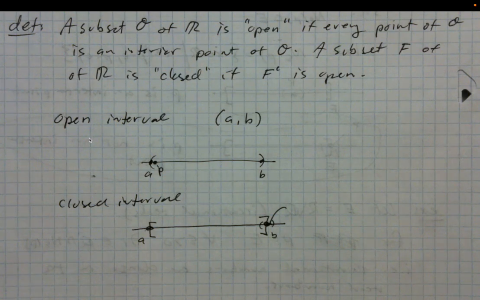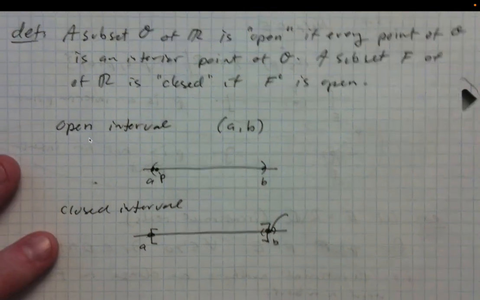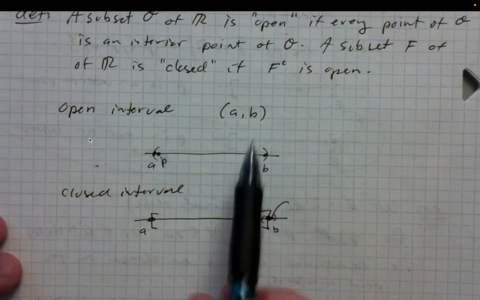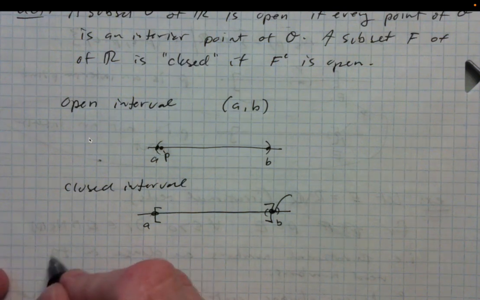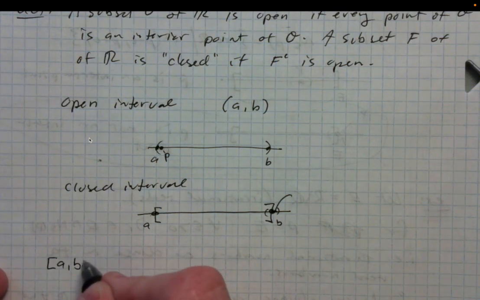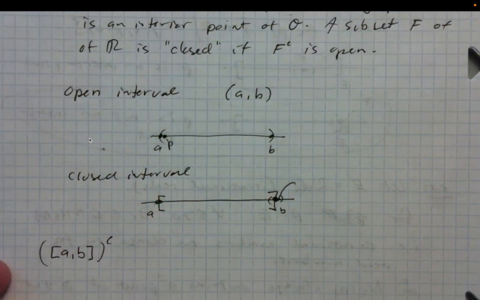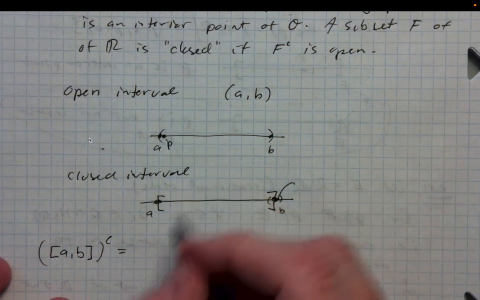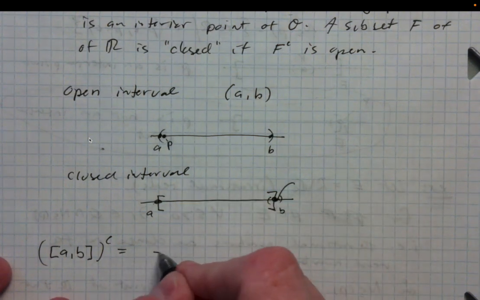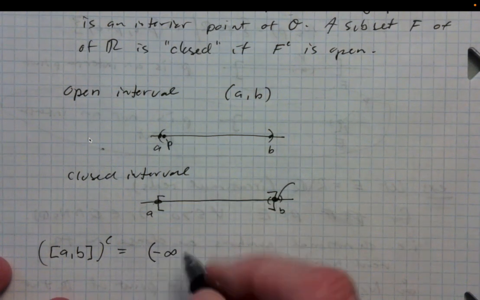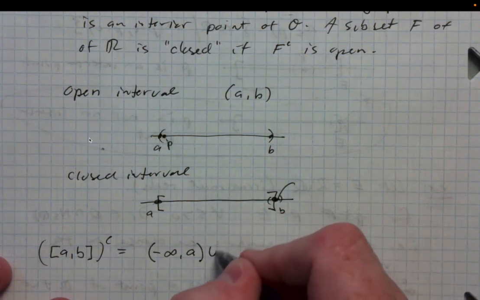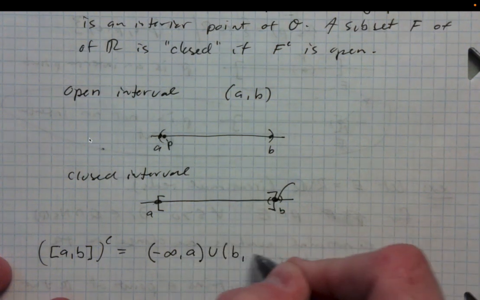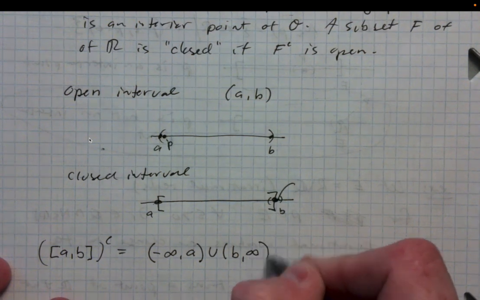Okay. Let's see here. So let's think of a closed interval by using the definition. Given that AB is closed, let's consider its complement. If this is AB, then the complement of this thing would be what? Well, it's going to be negative infinity up to A, union with B up to positive infinity, right?